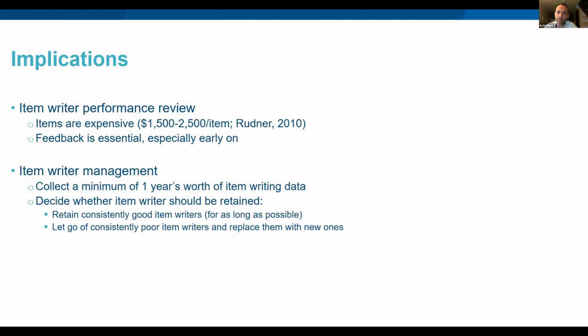While training is very important initially, and recurrent refreshers of the training are encouraged, it doesn't appear that experience alone contributes to producing better items over time. So if somebody is not good and you have pretty good evidence over a year or longer that they're not so good, you're better off letting them go and replacing them with a new item writer you can train and rely on.